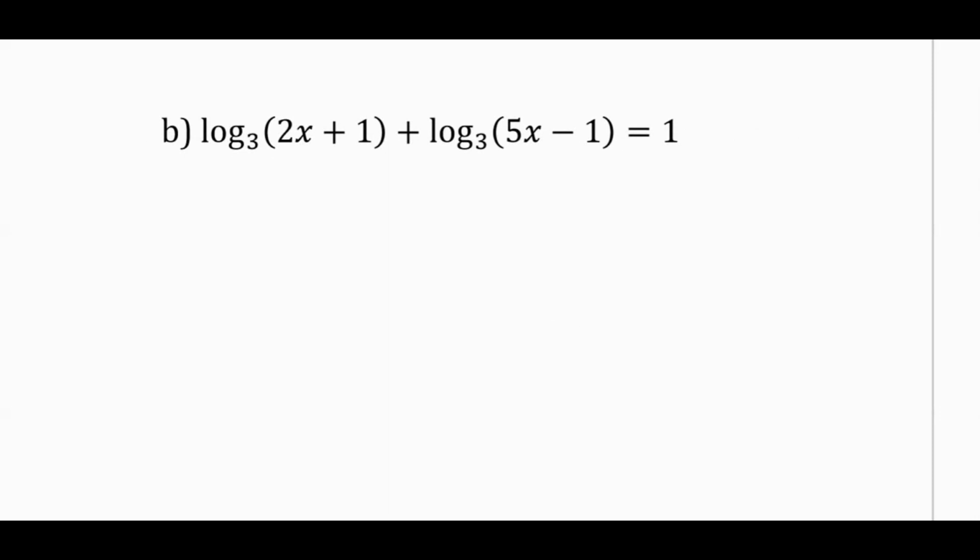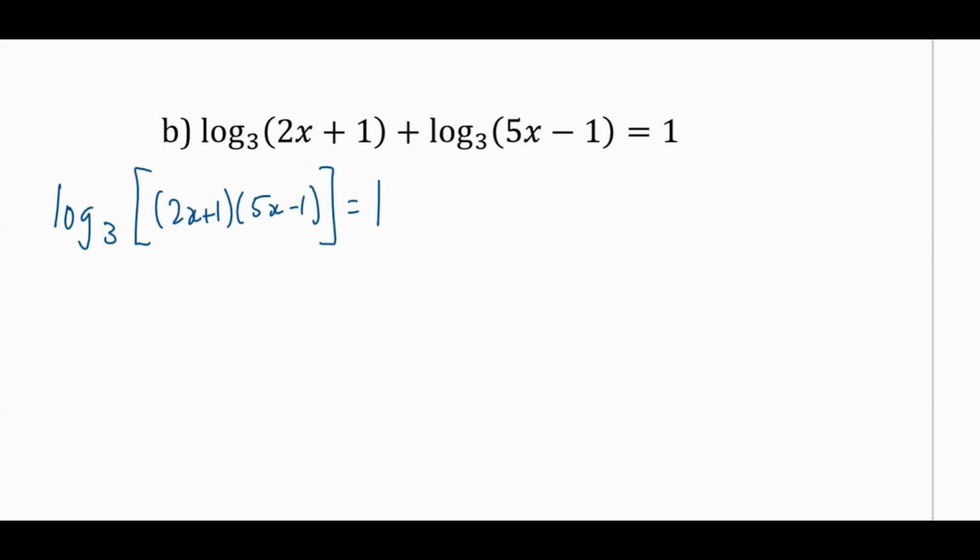So the first thing I'm going to do is recognize that I'm adding logs with the same base, so I can turn them into a product. So I get log base 3 of (2x plus 1) times (5x minus 1) equals 1.